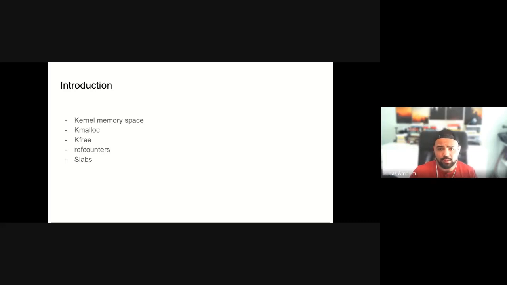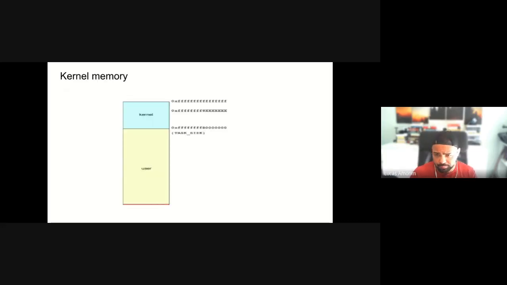So the first one is the kernel memory space. The Linux kernel and most modern operating system kernels separate the address space into two categories. One is kernel land, the kernel address space, the other one is user land.